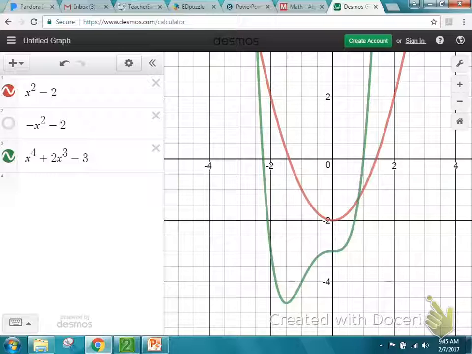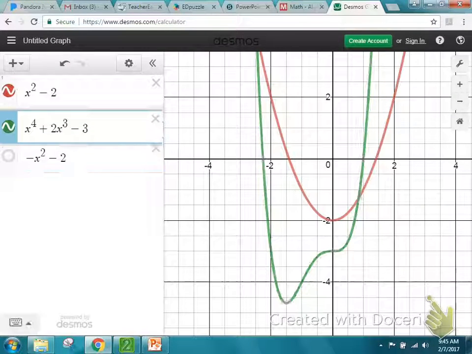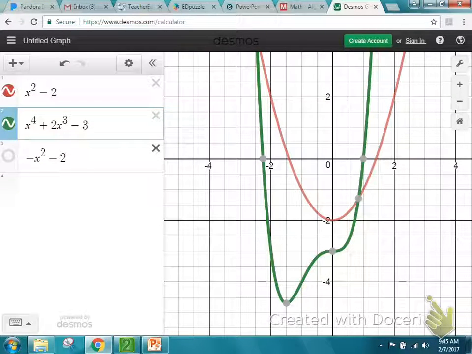Let me move these side by side now. Instead of the graphs, look at the functions, specifically the degrees. Remember from yesterday, what's a degree? It's the biggest exponent.